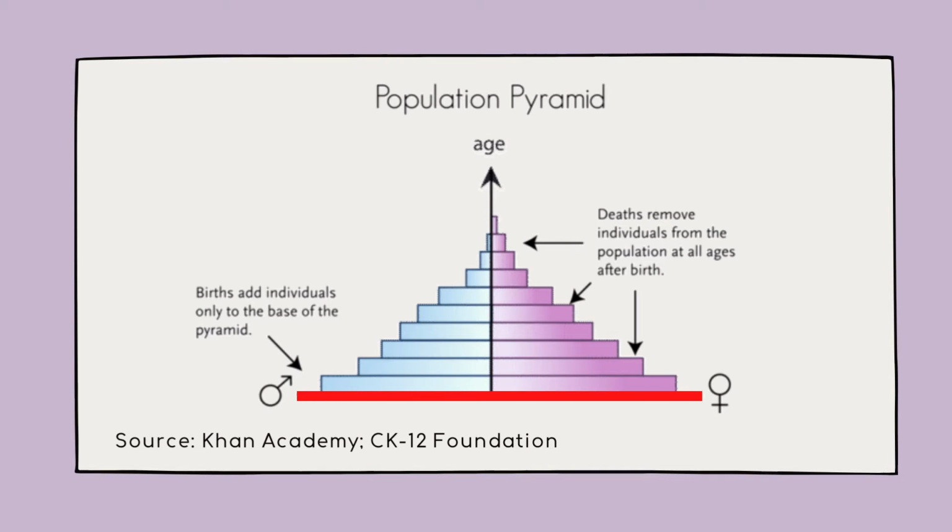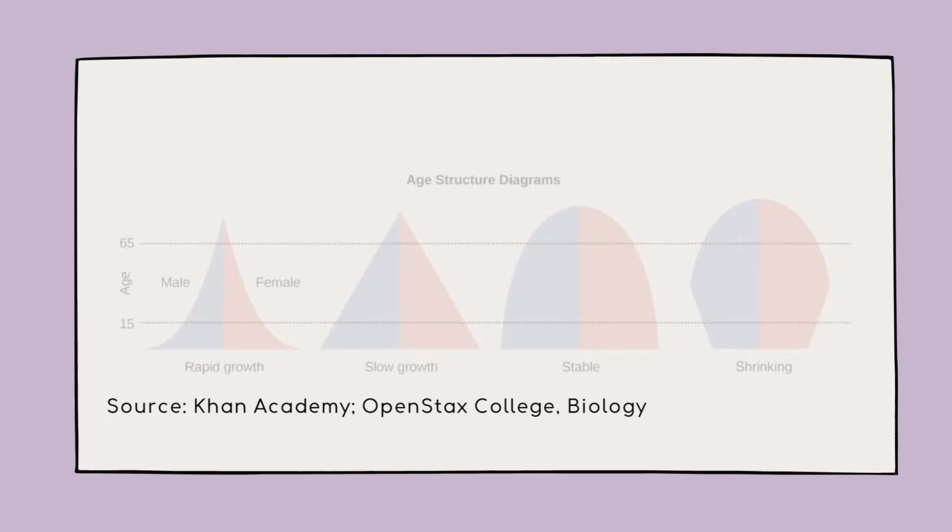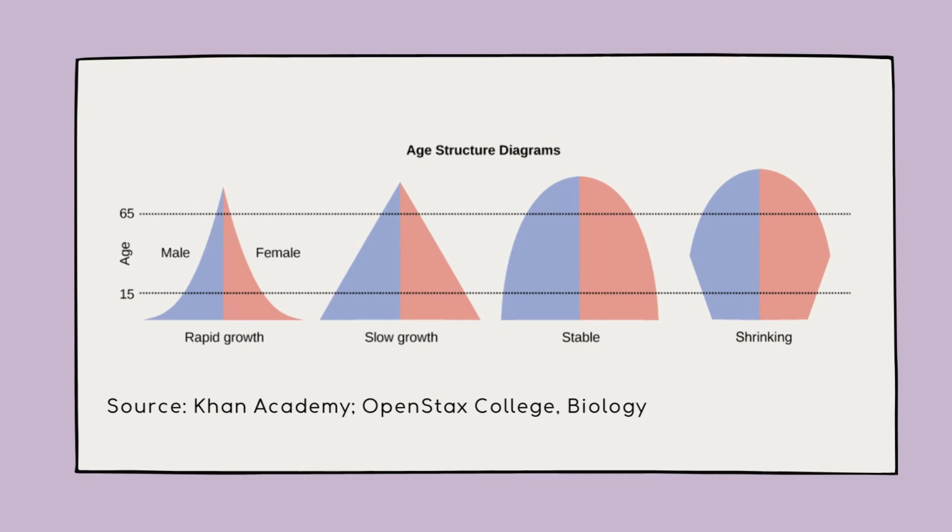The x-axis shows the percentage of the population in each category, with males to the left and females to the right. The y-axis shows the age groups from birth to old age. Such shapes of the diagrams, like the figures shown in this slide, are good indicators of growing, stable, and shrinking populations, favorably among human species.